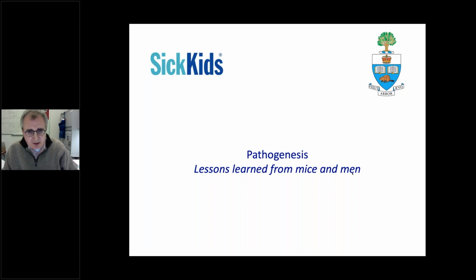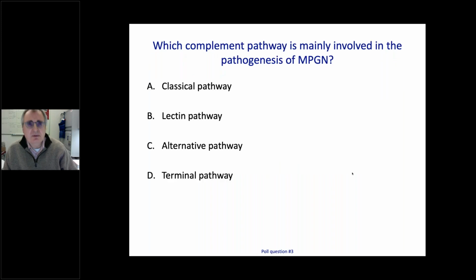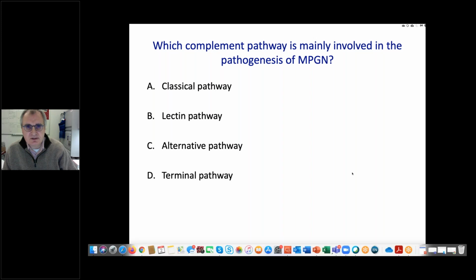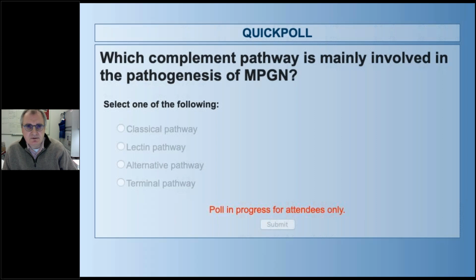And now I would like to ask you first a question. Which of the complement pathways, and this is basically where we're trending towards the story of complement dysregulation, which of these pathways is mainly involved in the pathogenesis of MPGN?